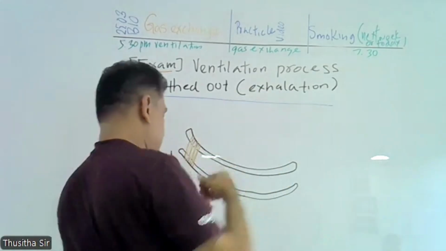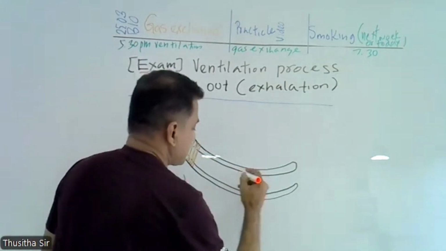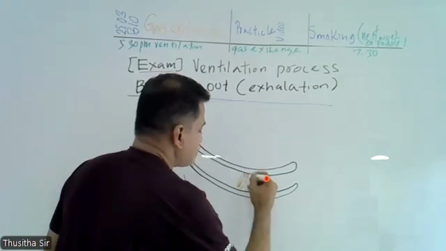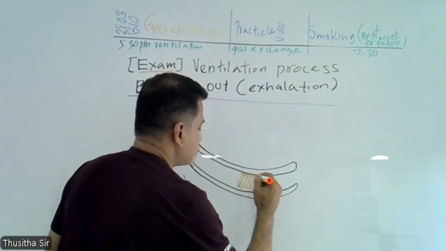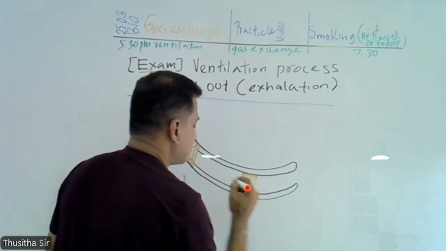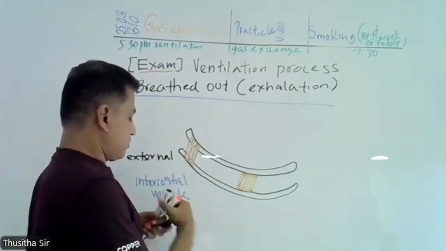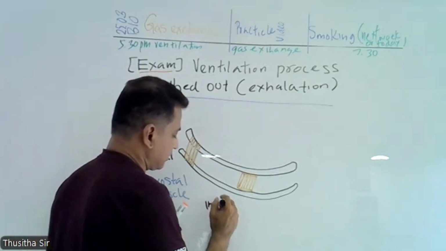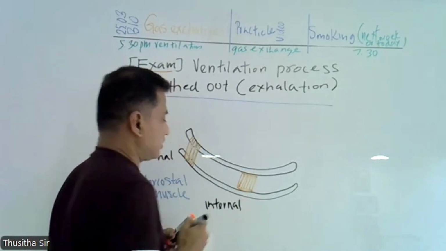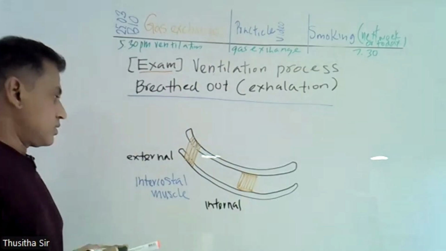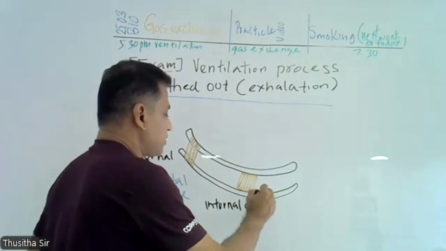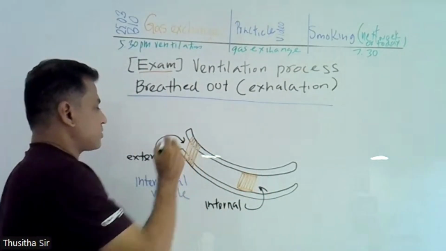And inside of this, we can also see the muscles, only this part covered. So this is the internal intercostal muscle. That's internal intercostal, that's external intercostal.